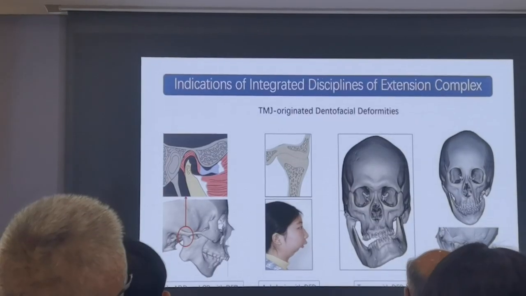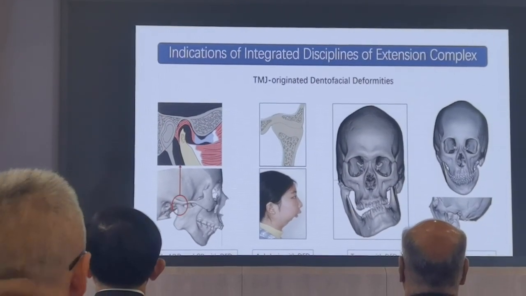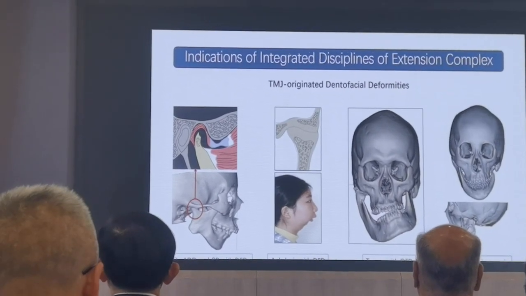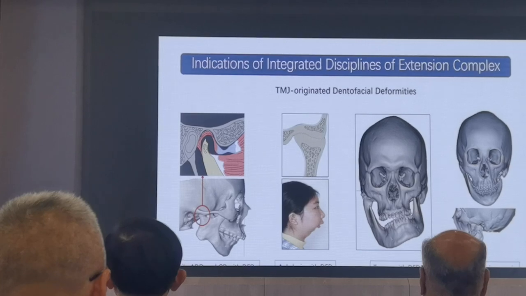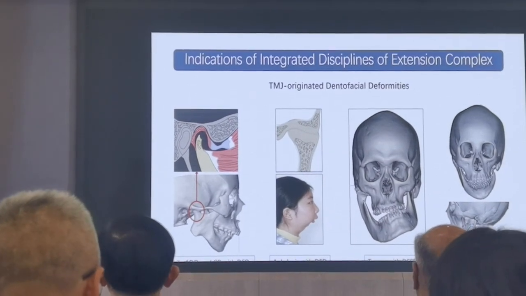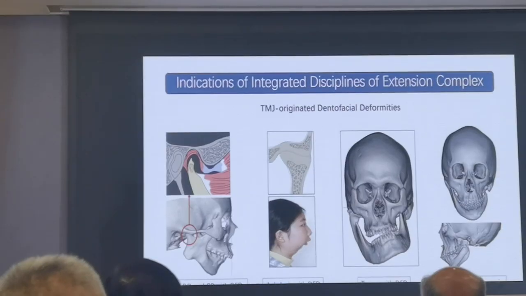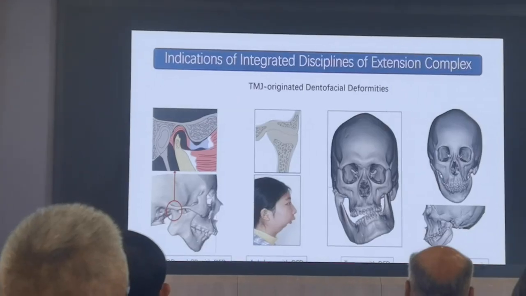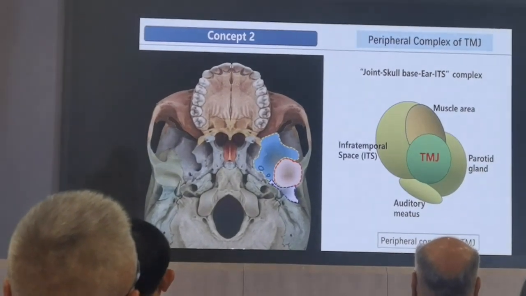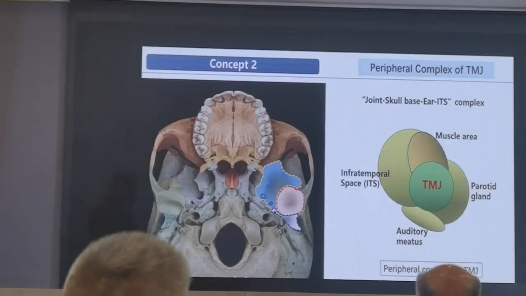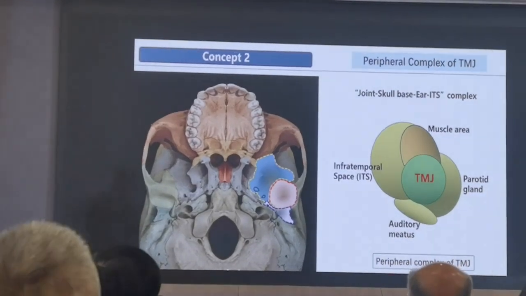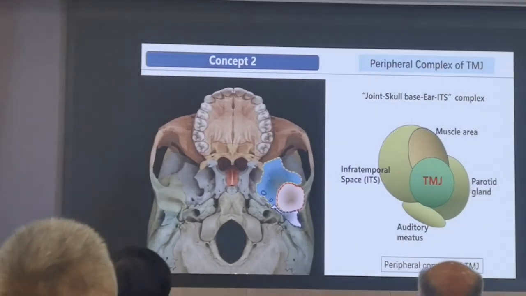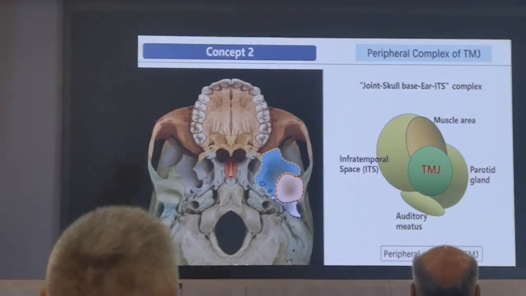So, it's an indication for treating joint-originated dental deformity. For example, condylar reduction with the jaw deformity and the ankylosis and the tumor with the maxillary deformity. And the concept: surrounding the joint, there are some most important structures, including the infratemporal space and the ear canal.